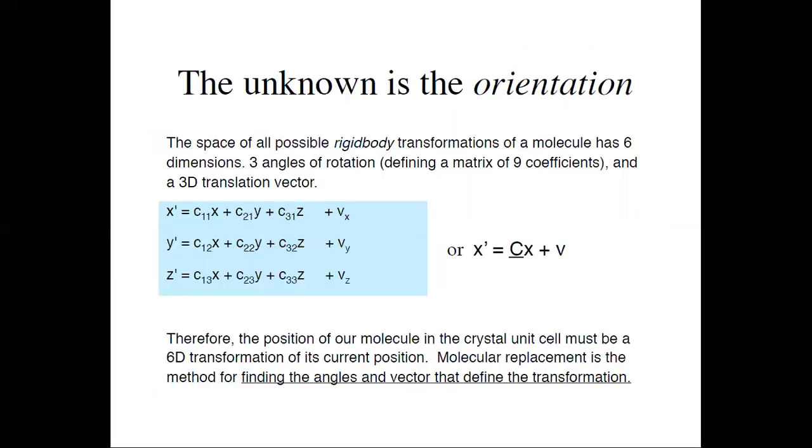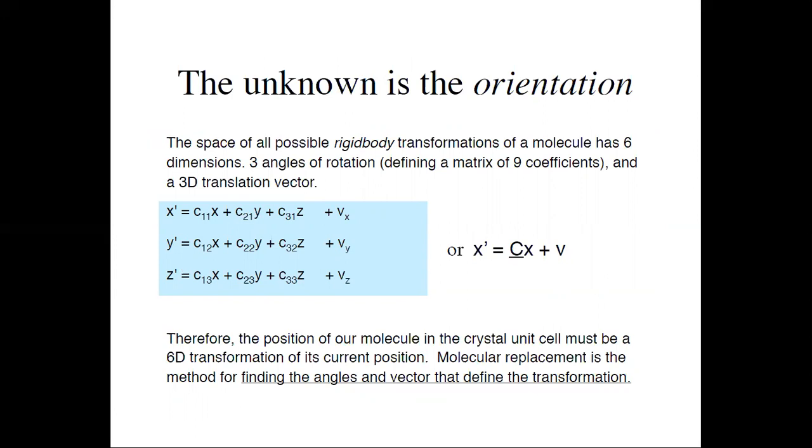The unknown is the orientation. The space of all possible rigid body transformations of a molecule has 6 dimensions: 3 angles of rotation and a 3D translation vector. So the equation is x' = Cx + v.